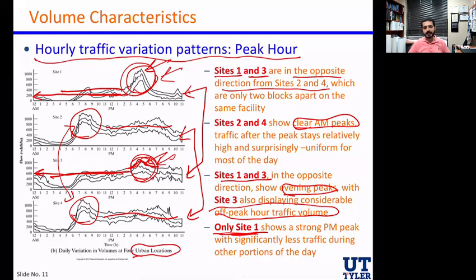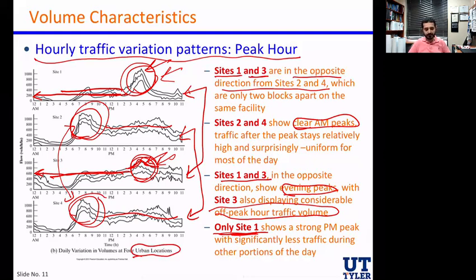You can easily tell me that site 2 and 4 are serving more vehicles or more volume in the AM peak hour by looking at these two peaks here, while site 1 and site 3 have the PM peak hour.